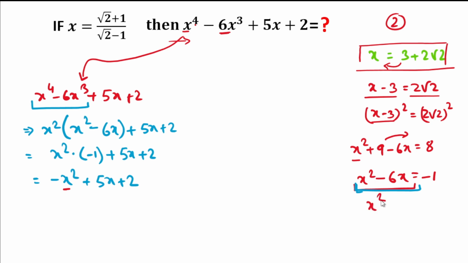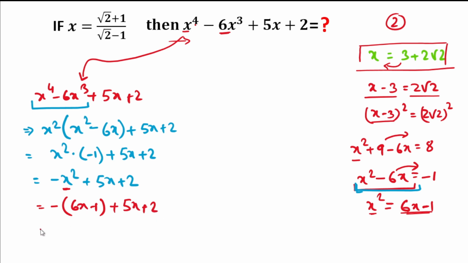So x square will be, we'll take this 6x to the right hand side. So it will be plus 6x minus 1. So now in the next step, in place of x square, we will write the calculated value, 6x minus 1. So here minus, and x square value is 6x minus 1, and plus 5x plus 2.